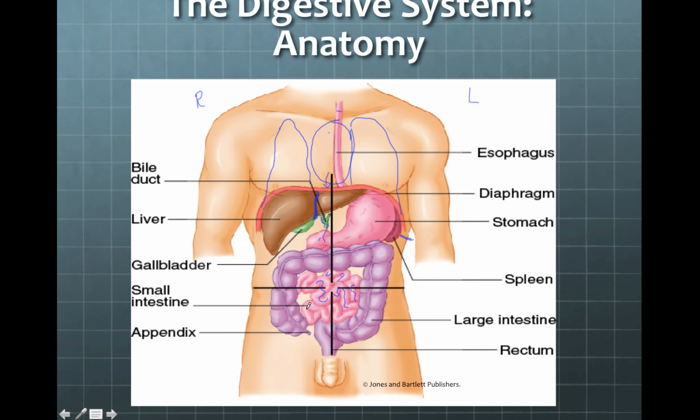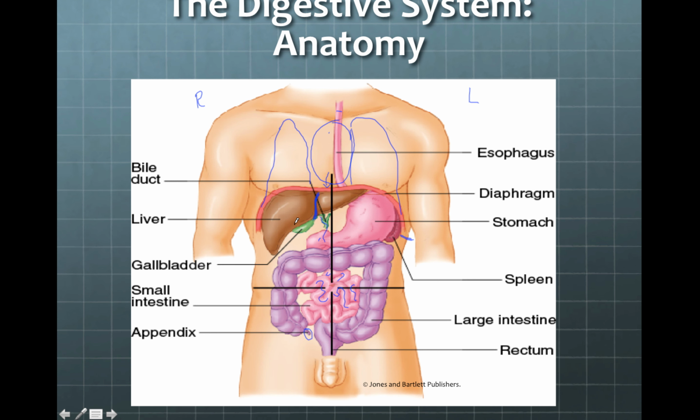So when the small intestine finishes pulling out nutrients, what's left will end up in the large intestine. And the large intestine has the appendix, this little appendage that's sticking off of this one section in the lower right quadrant of your abdominal cavity. So you'll note that both the small and large intestines make an appearance in all 4 quadrants of the body.